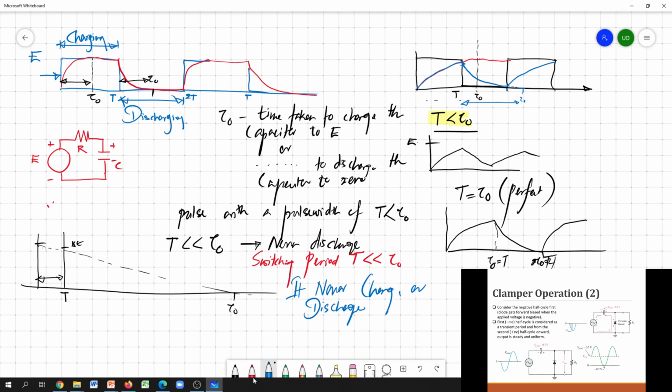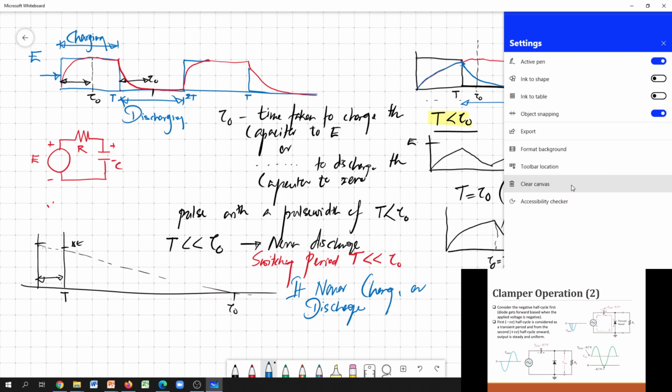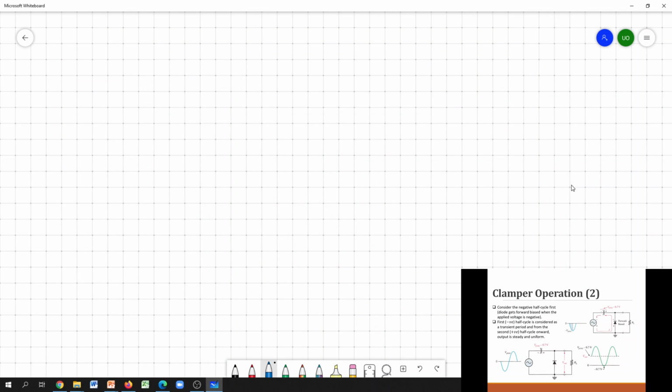So let's do a small example. This is the switching cycle.